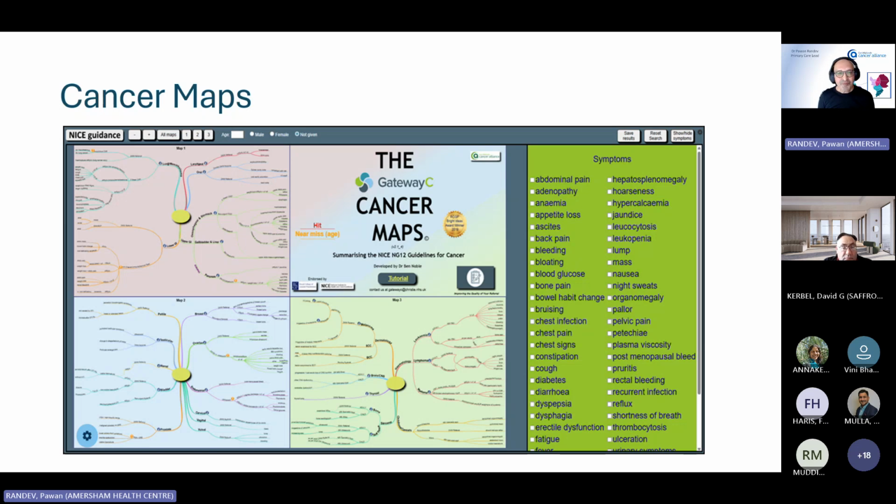It works on putting in age, sex, and symptoms on the right-hand side in that green panel. And then you get bits of the cancer maps lighting up with either a hit or a near miss. If you want to know more, just click on this image and it'll take you through to the maps, and it's a very helpful tutorial.